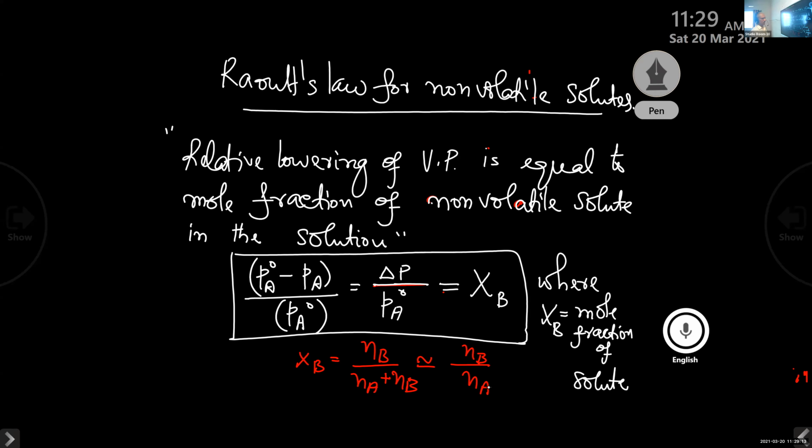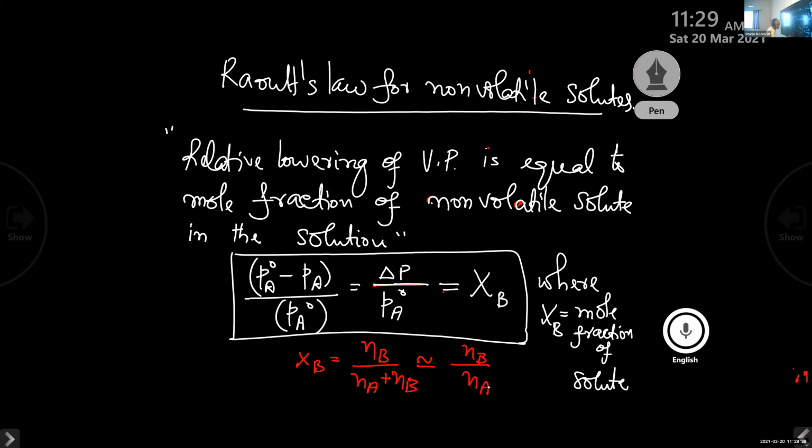Now, for a very dilute solution, Nb is a very small value. So Nb can be neglected for a very dilute solution, so that Na plus Nb is approximately equal to Na. I shall show you an example for this. You please don't write this.